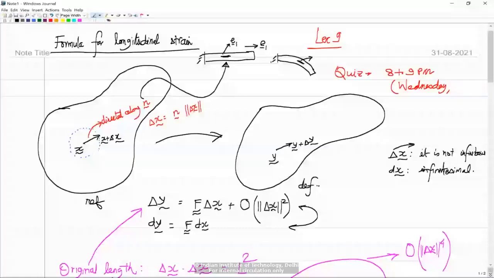That's the limitation of the experiment. You can come up with more and more sophisticated strain gauges where the resolution is really small. That's what people try to come up with, so that it corresponds more closely to this theoretical formula, or so that you can get more local information of strain.